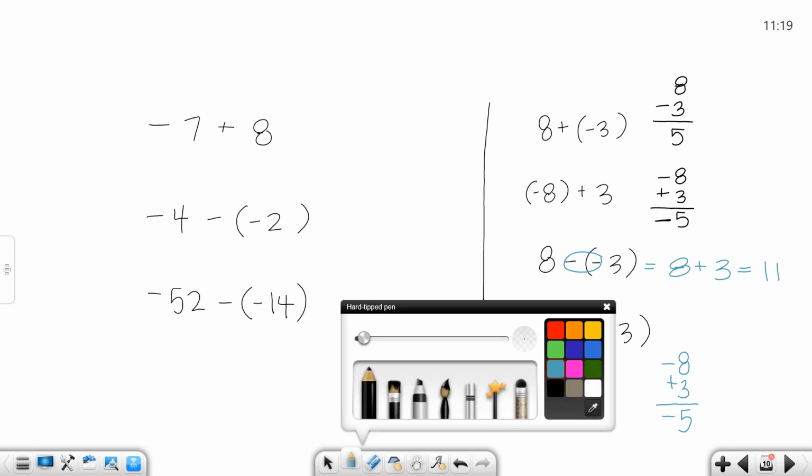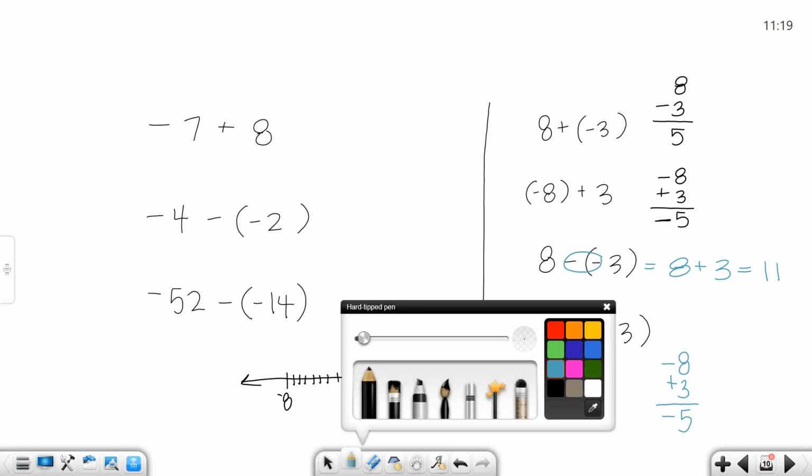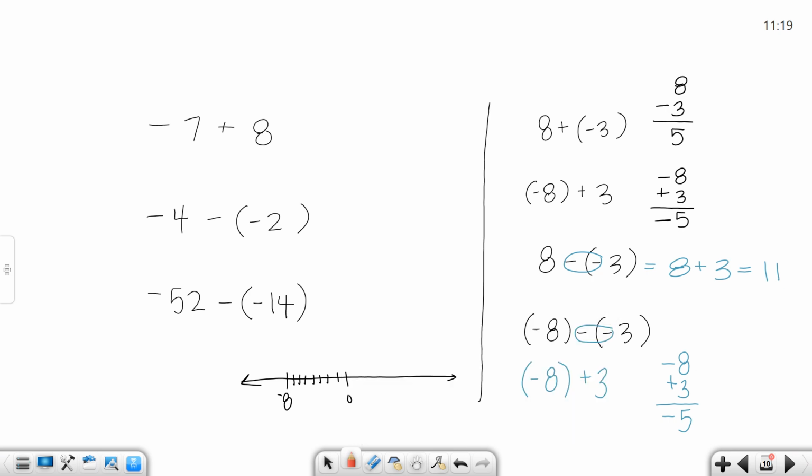Got this one on the number line too. I'll draw it real fast. 1, 2, 3, 4, 5, 6, 7, 8. Here I am at -8. So I'm going to go over 3 places. 1, 2, 3. So that's where I am right here.